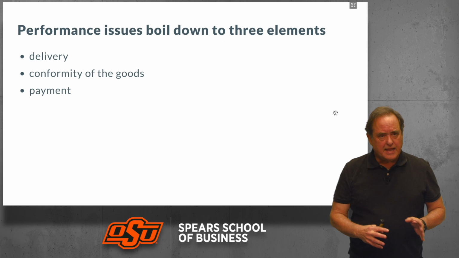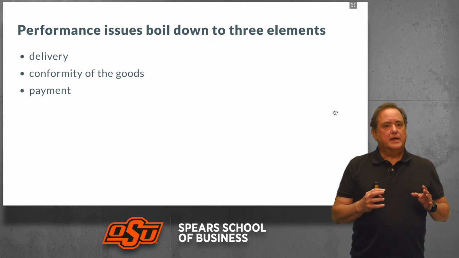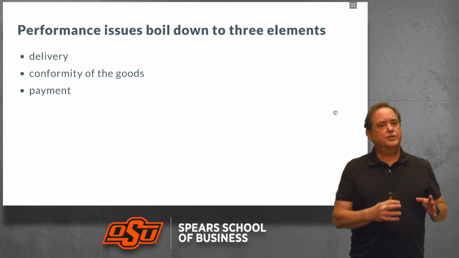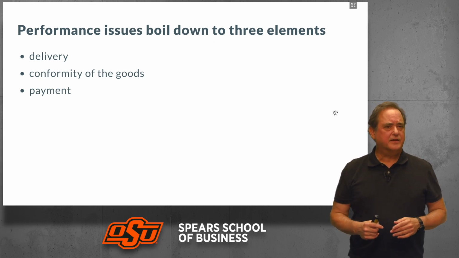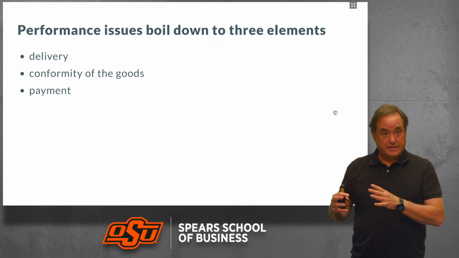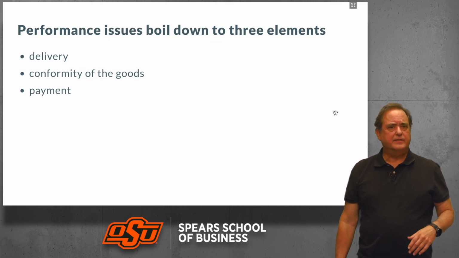Did the seller deliver as was called for in the contract? Conformity. Did the goods conform to the terms specified in the contract? And then finally, payment. Did the buyer pay for the goods as specified in the contract?